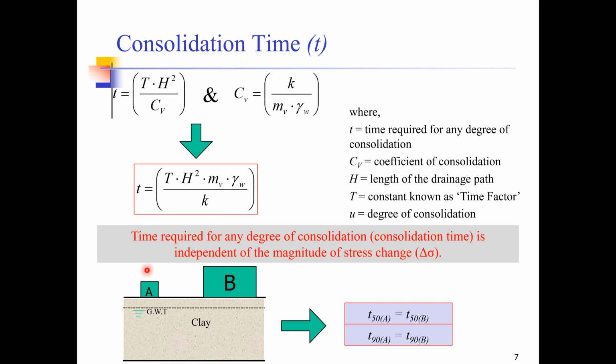However, note that because load A is smaller and load B is bigger, the overall magnitude of settlement for load A is smaller.